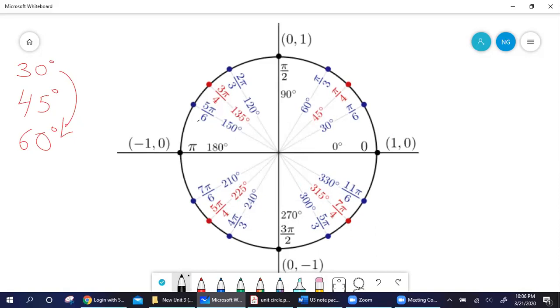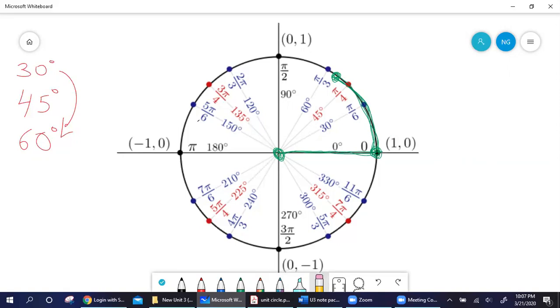What I want to focus on is this idea of a radian angle. I posted a very short video. It's actually not my video, but it explains what a radian is. A radian angle is basically if I were to take the radius, and again, I have a short video that I posted that explains this a little better. If I take the radius and I were to wrap that radius around the circle.